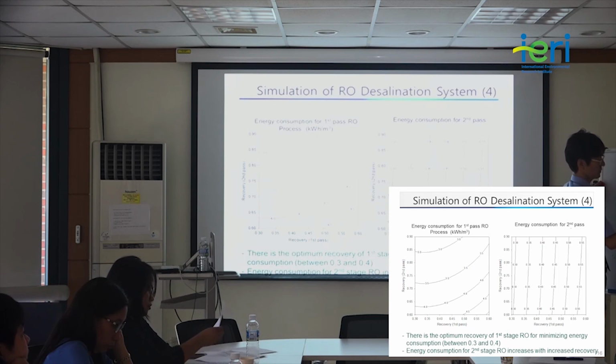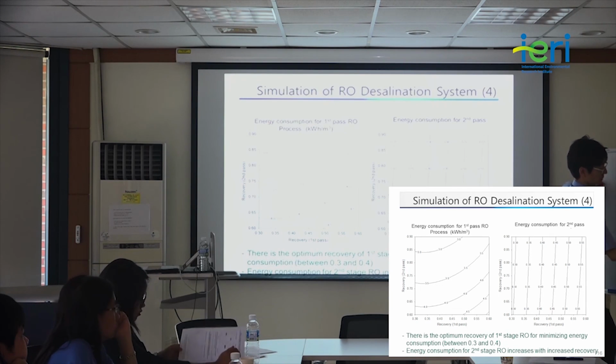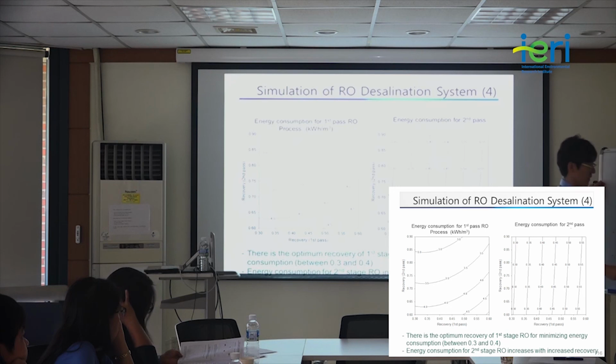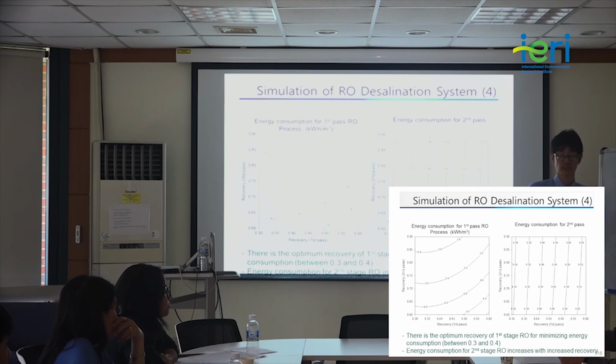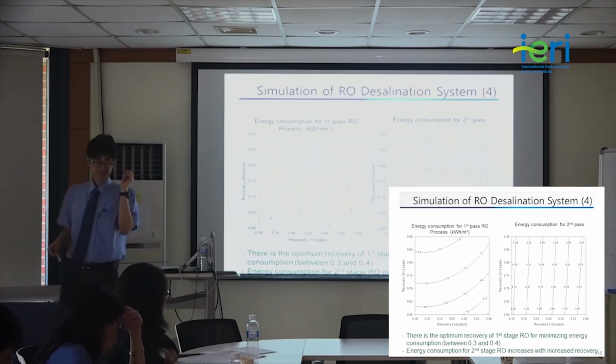So if we have a higher recovery for the second pass, in this case, V2 will be larger than V1. So that's SEC, that's SEC. So the SEC at higher recovery will be lower than this SEC for the lower recovery.